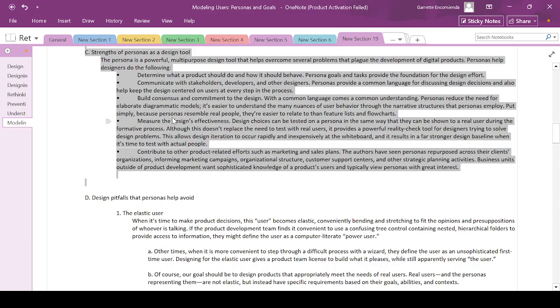Personas reduce the need for elaborate diagrammatic models like a user flow or task model. It's easier to understand the many nuances of user behavior through the narrative structures that personas employ. Put simply, because personas resemble real people, they're easier to relate to than feature lists and flowcharts.